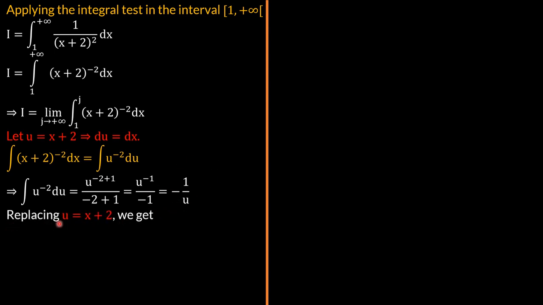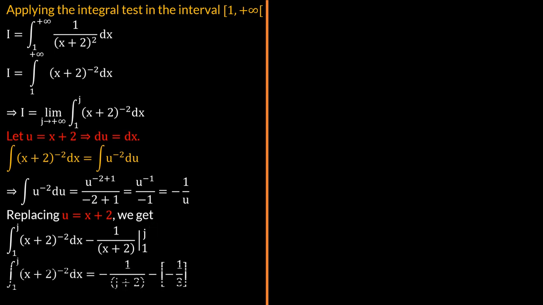But replacing u by x plus 2, we get that the integral of (x plus 2) raised to the negative 2 from 1 right up to j is equal to negative 1 divided by (x plus 2), computed in the boundaries from 1 right up to j. Remember, if we substitute the limits, that is upper limit minus lower limit, we get this statement.